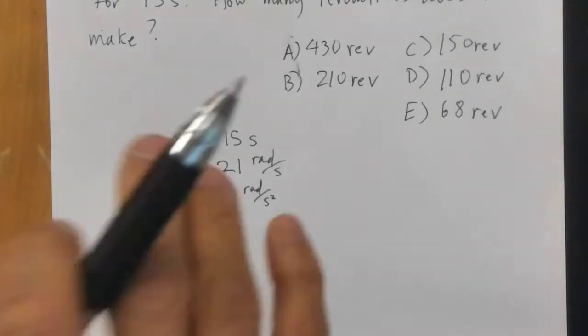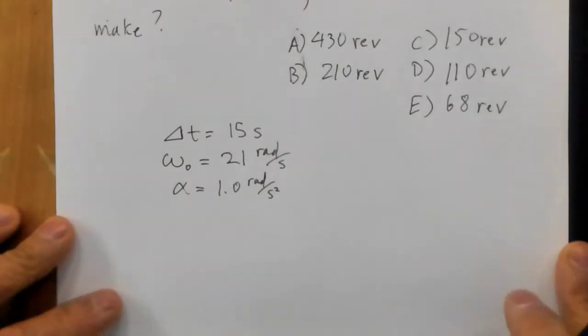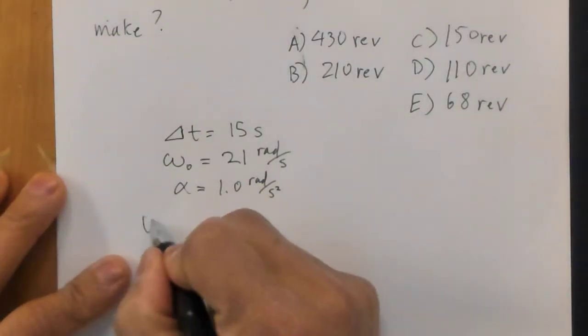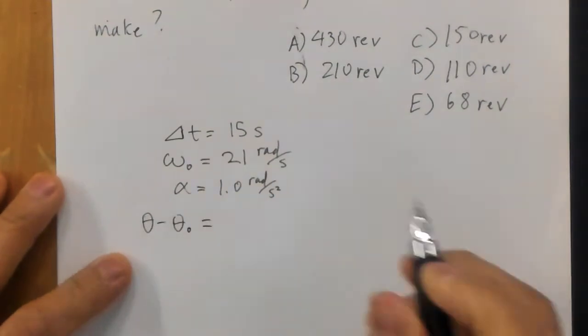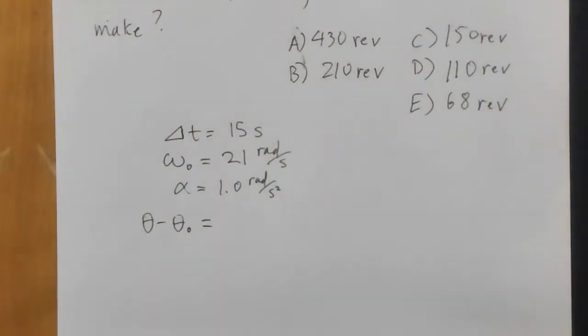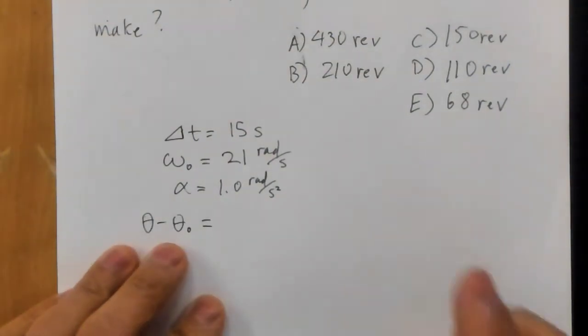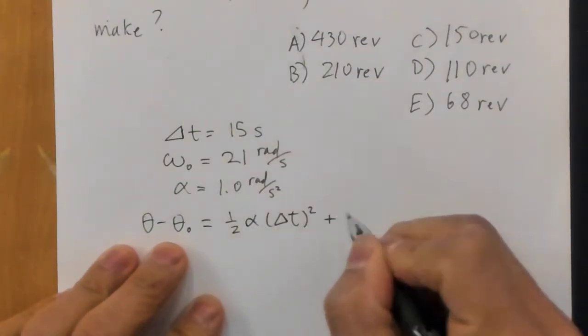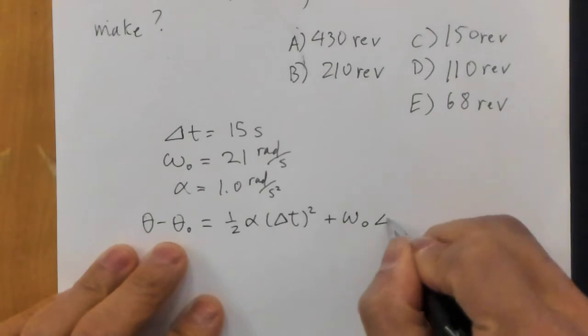All right, but this has nothing to do with that. This is the angular acceleration problem. This is the alpha thing, and so we want the change in the angle, delta theta. And so we have 1/2 alpha delta t squared plus omega naught times delta t. This is the formula that will get us the answer in one step.